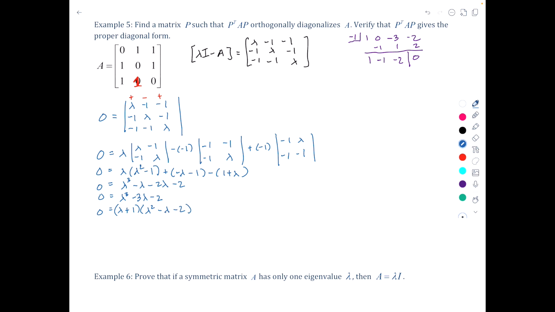And then this is equal to lambda plus 1 and then lambda minus 2 times lambda plus 1. And so we get lambda 1 is negative 1 with multiplicity 2. I'll just say k is 2. Lambda 2 is equal to 2.